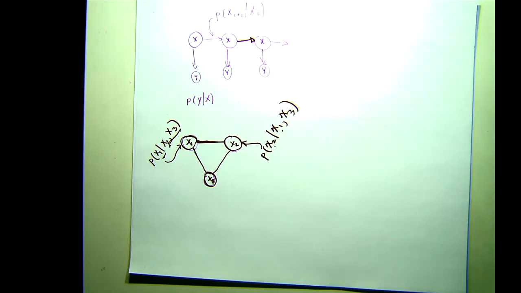Or if we had both the x's and y's, we could say what's the probability of this combination. If we have just y's, we could say what is the most likely set of x's. So it all depends on the question you're trying to ask. There's a lot of different ways you can do this.